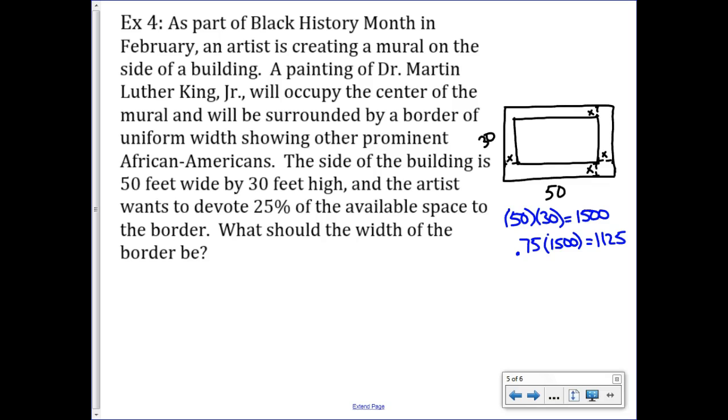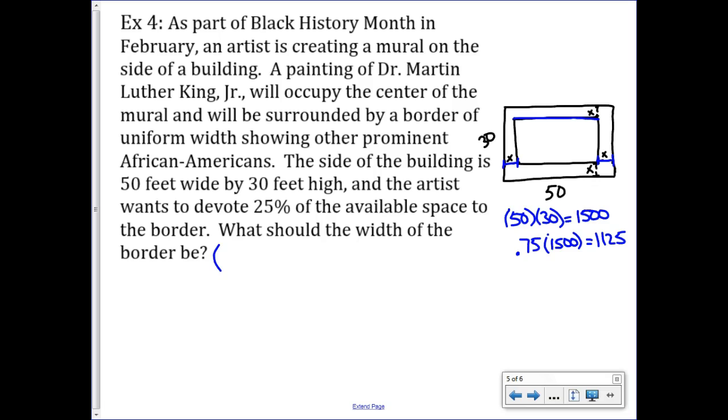Okay, so how does this help us? Well, we know the distance from here to here would be 50, but we need to subtract out this border width. So I need to take away 2x.